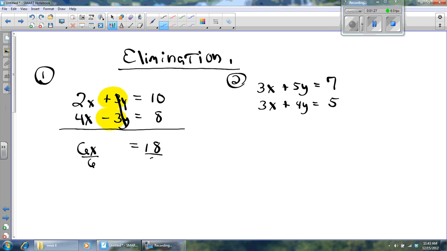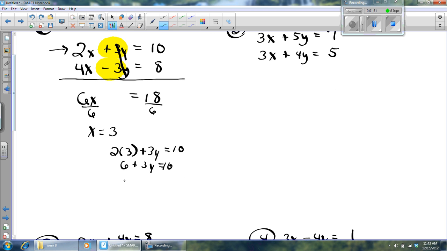And so I'm going to divide by 6 on both sides. I'm going to get x equals 3. And that looks pretty simple, doesn't it? Now don't forget to solve for y. I think I'm going to plug it into the first equation. So I'm going to get 2 times 3 plus 3y equals 10. And so I'm going to get 6 plus 3y equals 10. Okay. Now I'm going to subtract 6 from both sides.